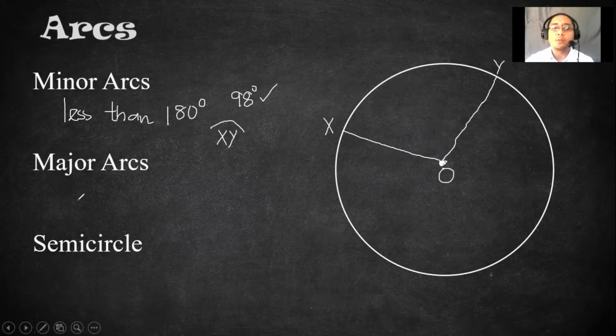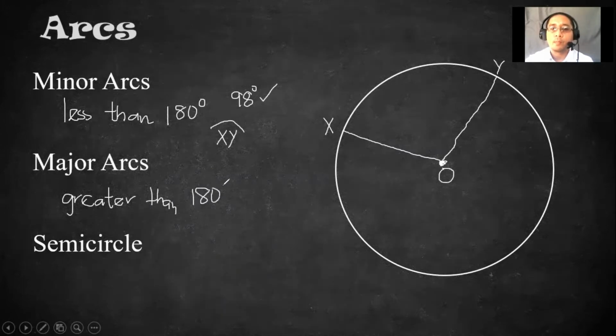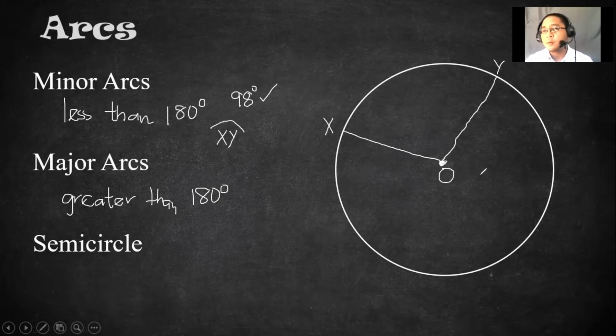Now, let's proceed to the major arc. What is a major arc? It is greater than 180 degrees. When we say greater than 180 degrees, it is greater than the semicircle.